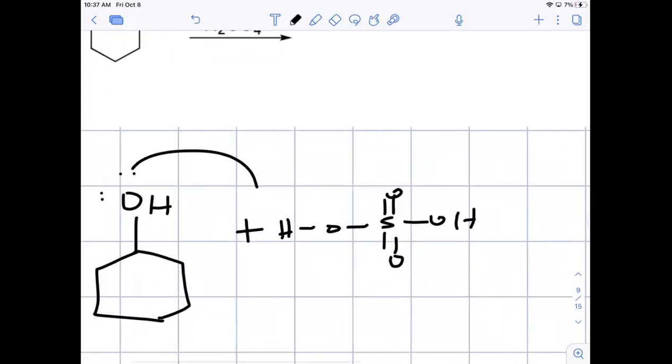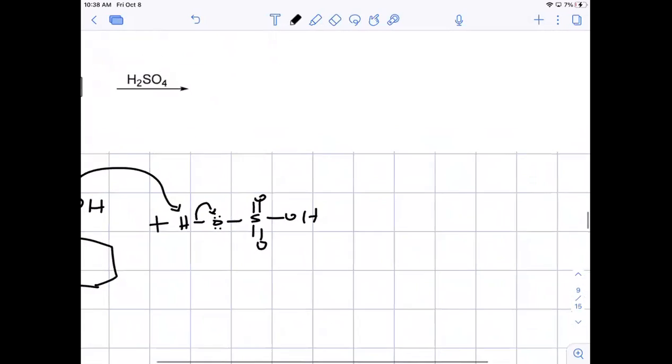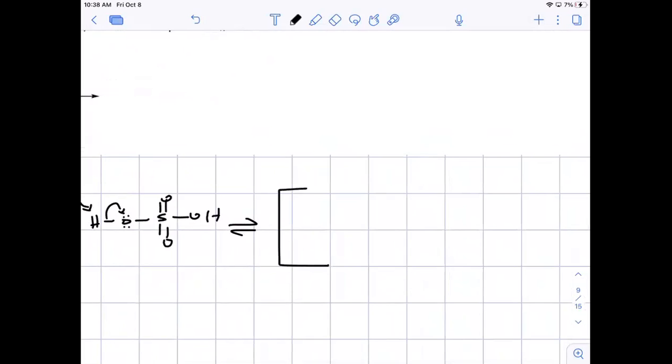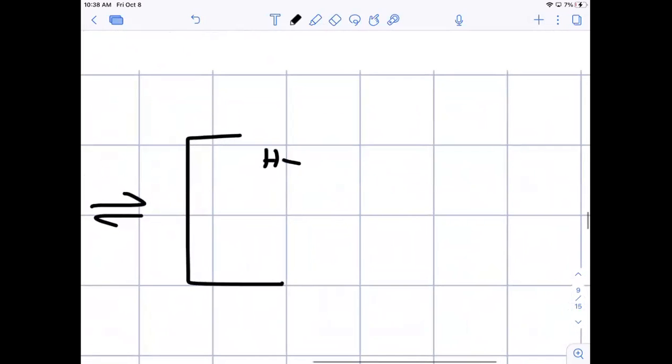So if this is here, this is going to do proton transfer with the acid. And so you end up with hydronium ion, right? Anytime you have a water attached like this, it's called a hydronium.